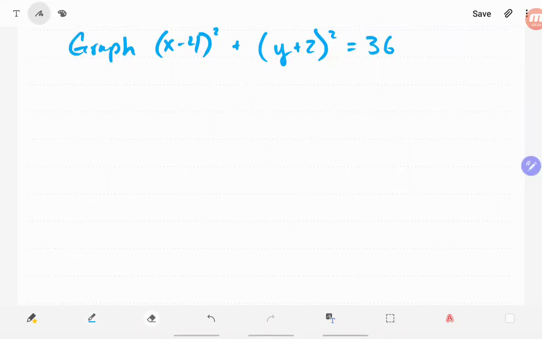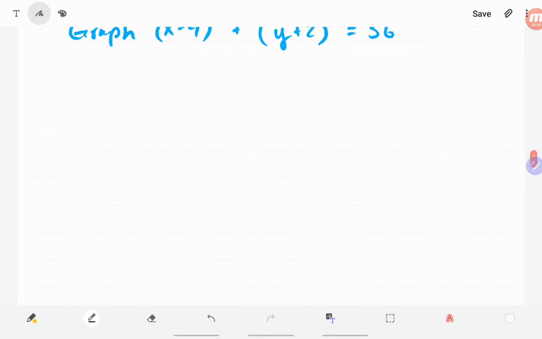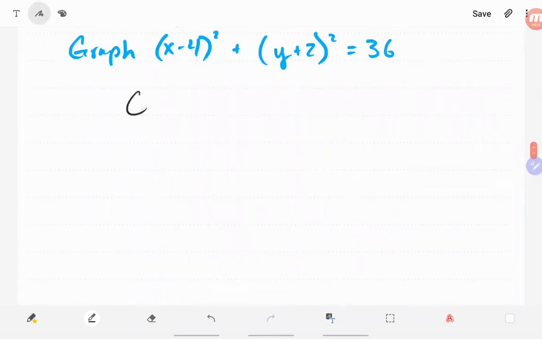What if we want to graph this equation, right? Well, what I would recommend you guys doing is going ahead and say, well, where is the center of this circle? What is the radius? When you have these two pieces of information, the graph is just going to come so naturally.